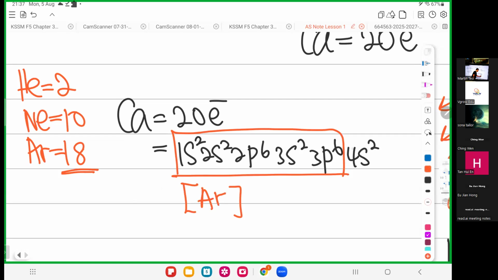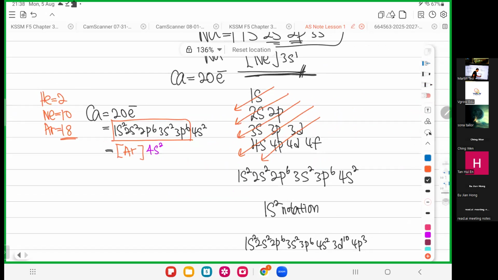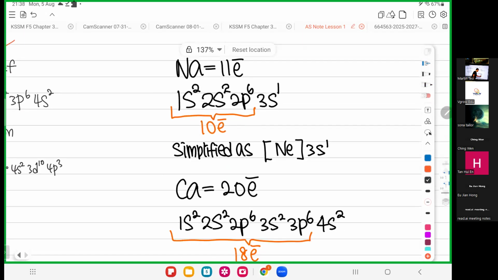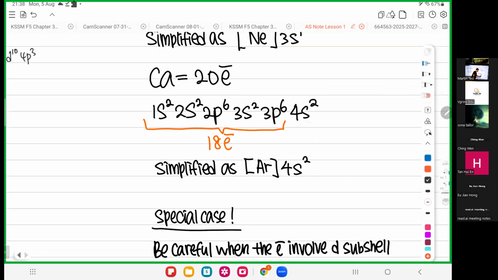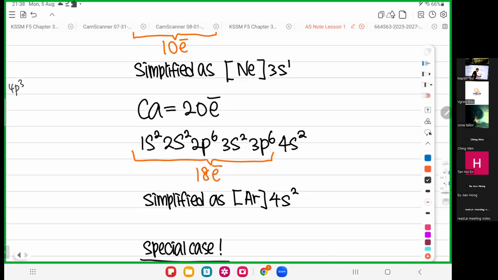Then the remaining part is not simplified; you copy it. This is the notation for calcium after simplification. Now we already know how to do the simplification.